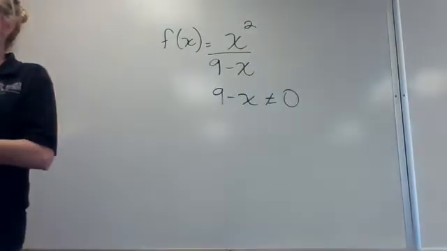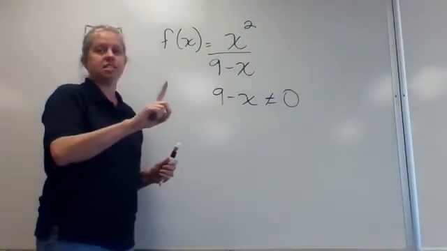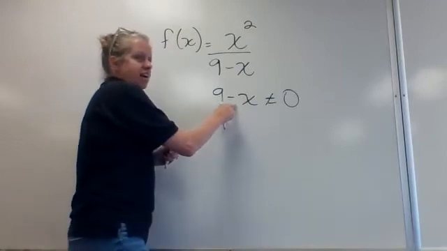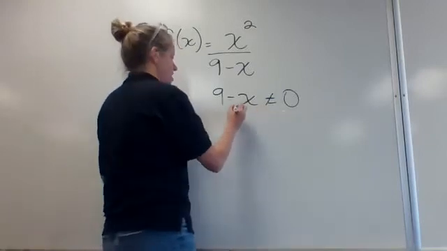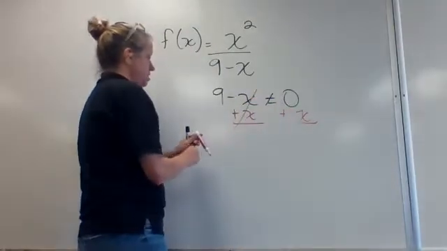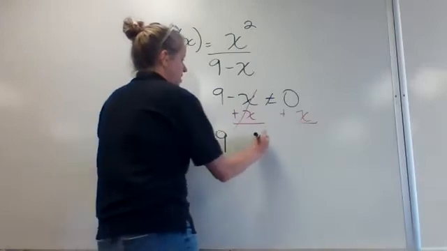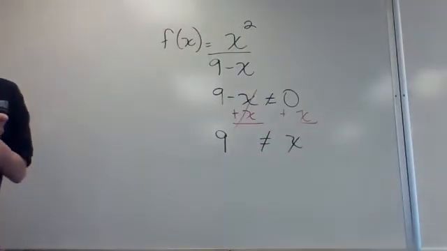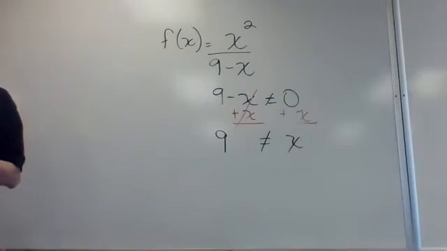And then solve it for x, which I can actually do in one step here. If I wanted to get the x by itself, since it's negative, I can just add it to the other side, right? So add x to both sides. So 9 cannot equal x, but it does want you to write it in interval notation.